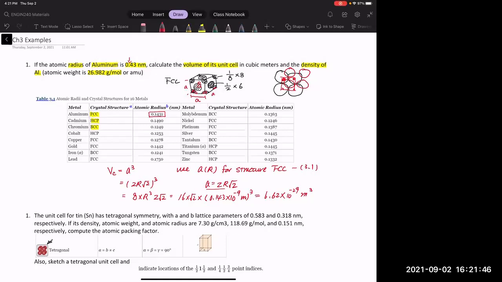Now, the second part of the problem is asking about the density. There's another equation in your textbook, and there's an example showing you how to find this as well. So let me write down the density equation. The density equation is equal to this.